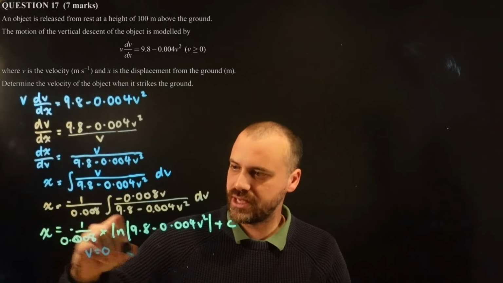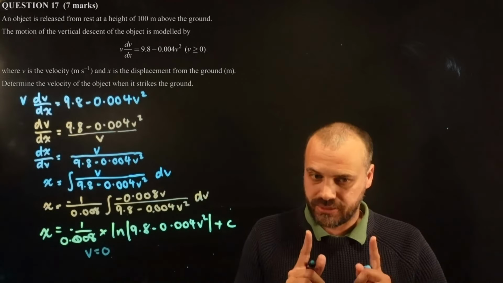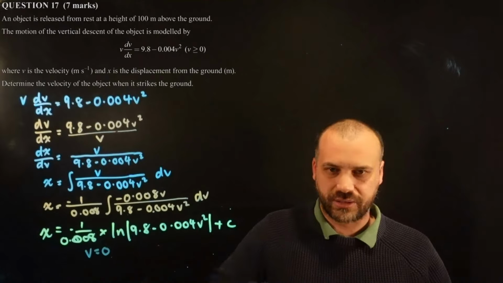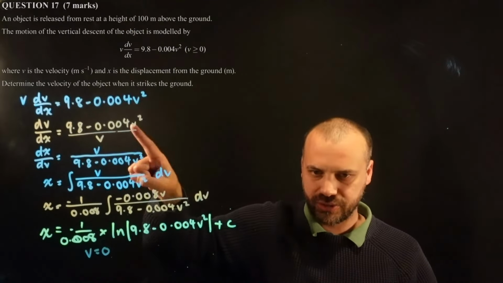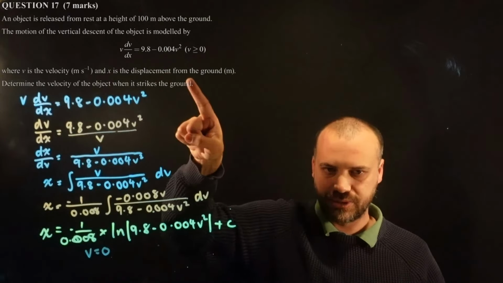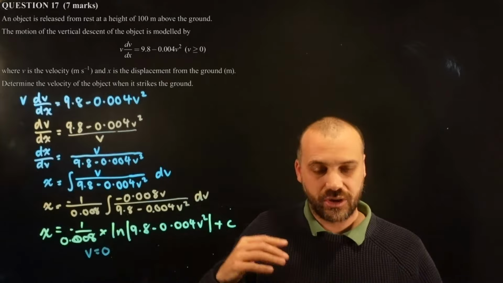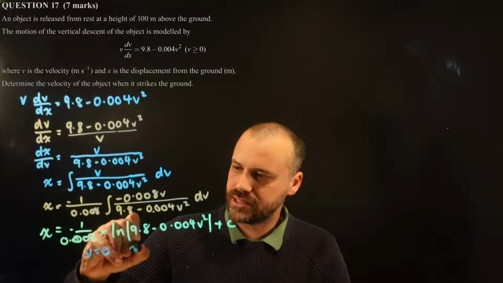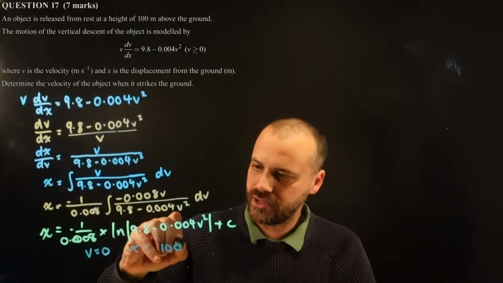So when v equals 0, that's not my mistake. At a height of 100 meters above the ground. So I saw that, and I also saw that x is the displacement from the ground. And so I said, oh great, x is 100 meters above the ground. I'll say x is equal to 100.